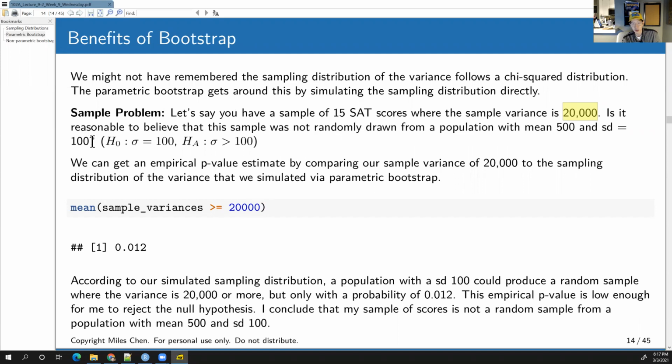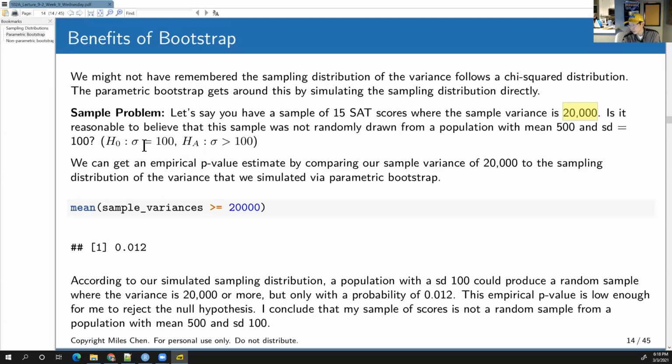Is this different enough from 10,000, which is the variance we would expect our samples to have, to come to this conclusion, or is it possible that it comes from such a population?